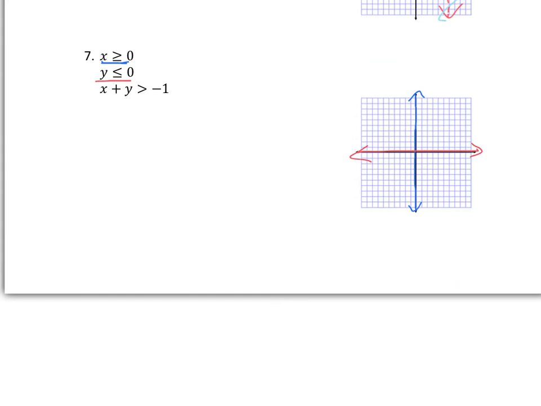And x plus y is greater than negative 1. So y is greater than negative x minus 1. That one, go down one to the right one, down one to the right one, or up one to the left one. This one's dotted. Oh, off.